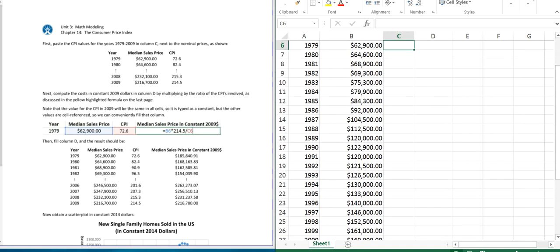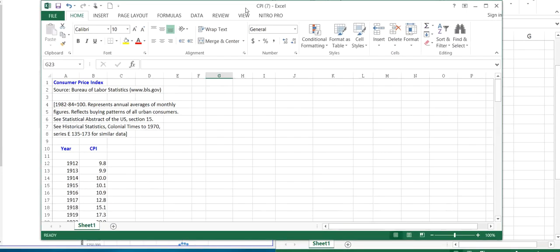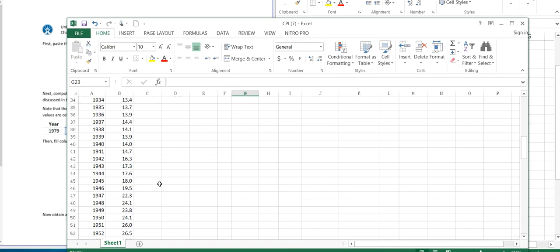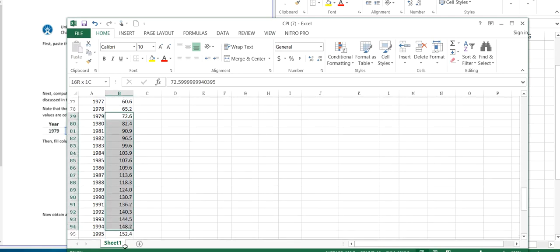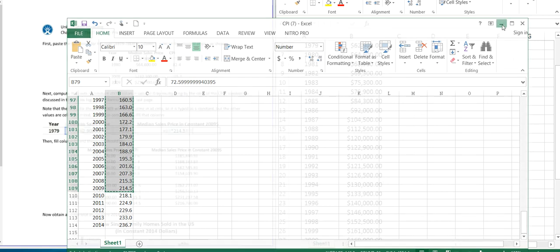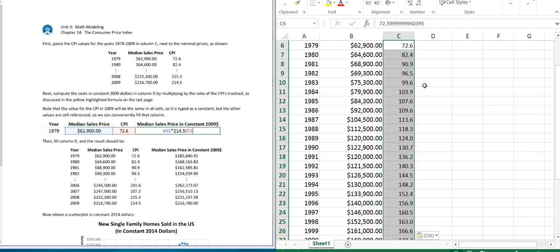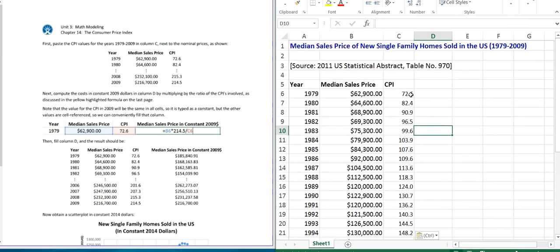So let me open my CPI. Again, I need 1979 to 2009. 1979 starts here, and copying down, the year 2009 ends at the 214.5. So we want to copy those values and then paste those into our spreadsheet here with home prices.